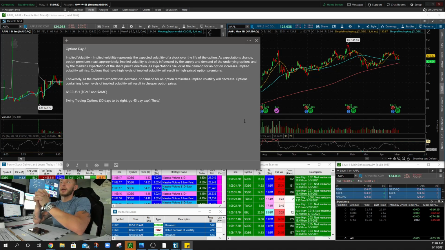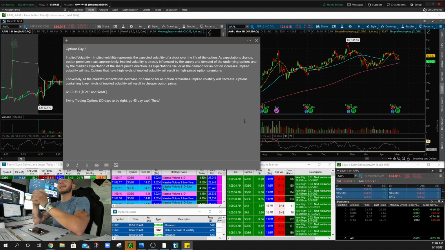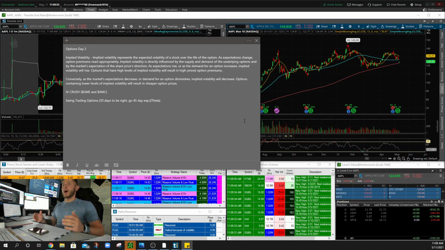Implied volatility is directly influenced by the supply and demand of the underlying option and by the market's expectation of the share price direction. As expectations rise, or as the demand for an option increases, implied volatility will rise as well.